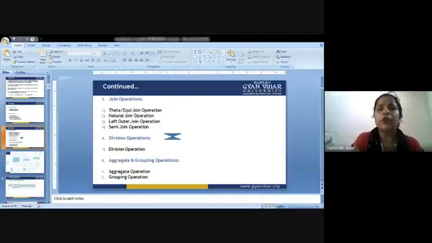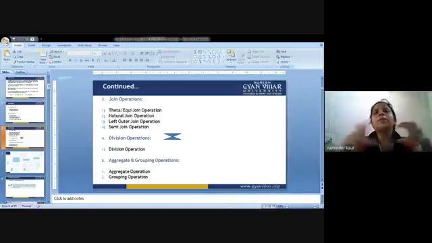Next is equijoin. Equal to, that is equijoin. It is also called inner join. In this, we are supposed to combine 2 tables.